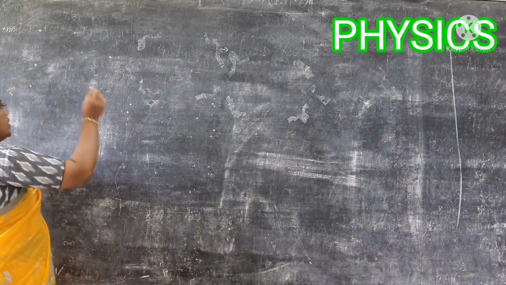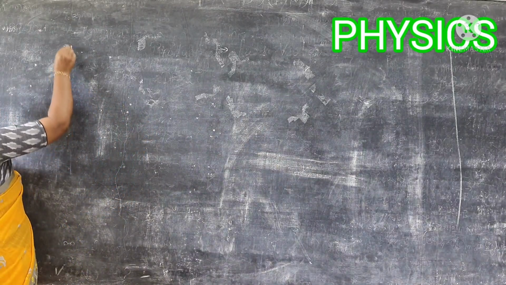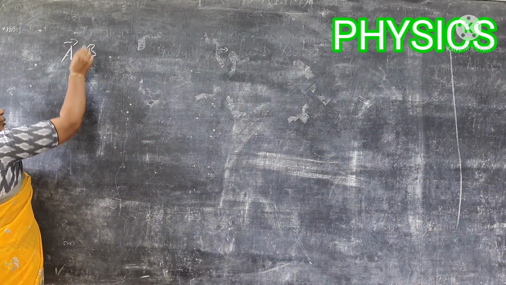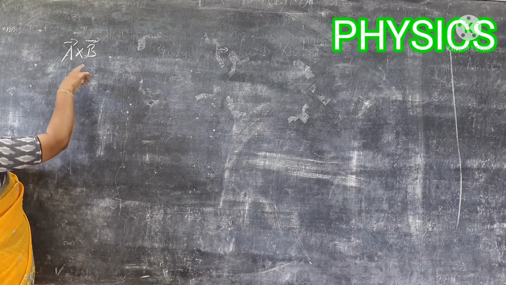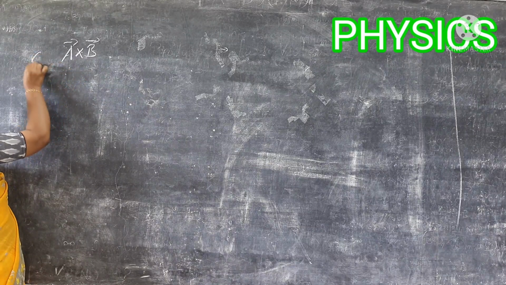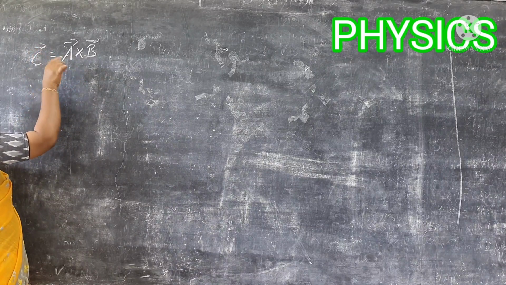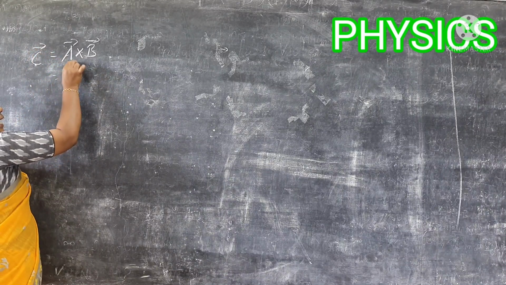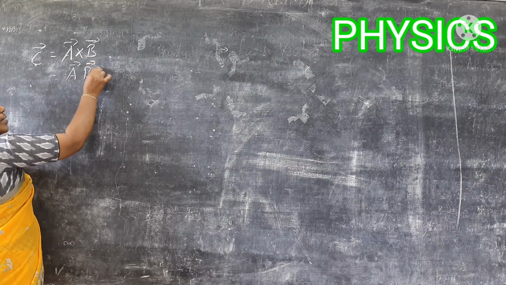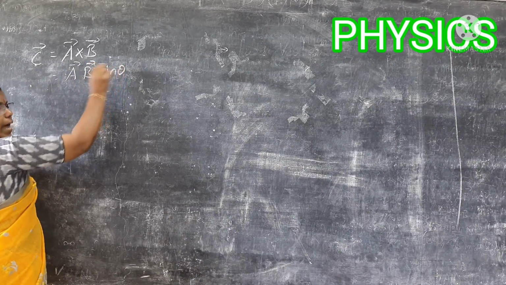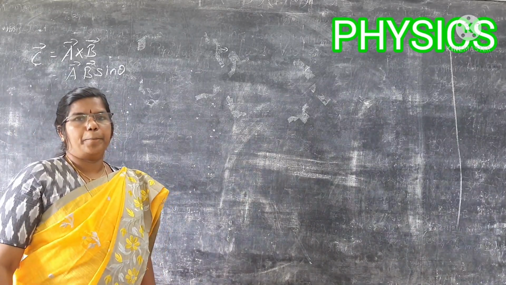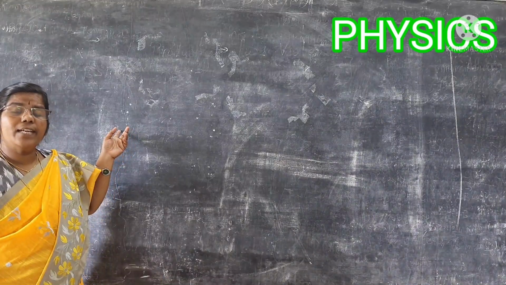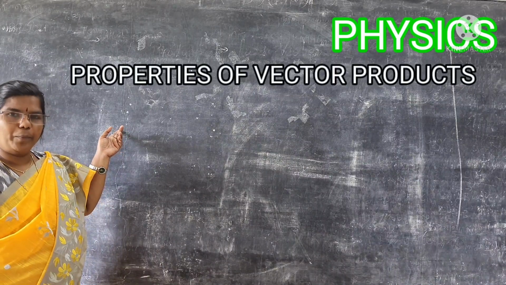That is, if A vector and B vector are the two vectors and their cross product or vector product equals C vector, which is equal to A B sin theta, sine of the angle between the two vectors. Okay. Now we can see the properties of vector product.